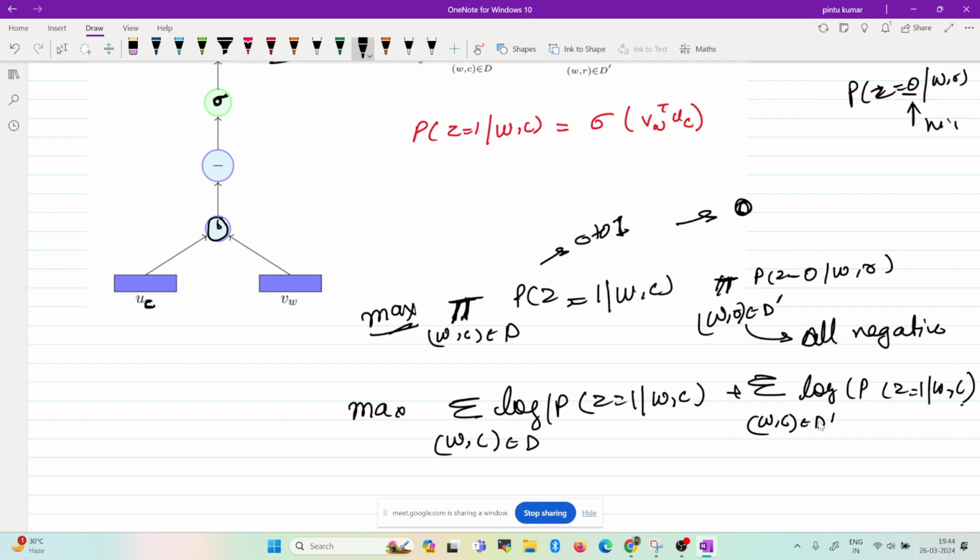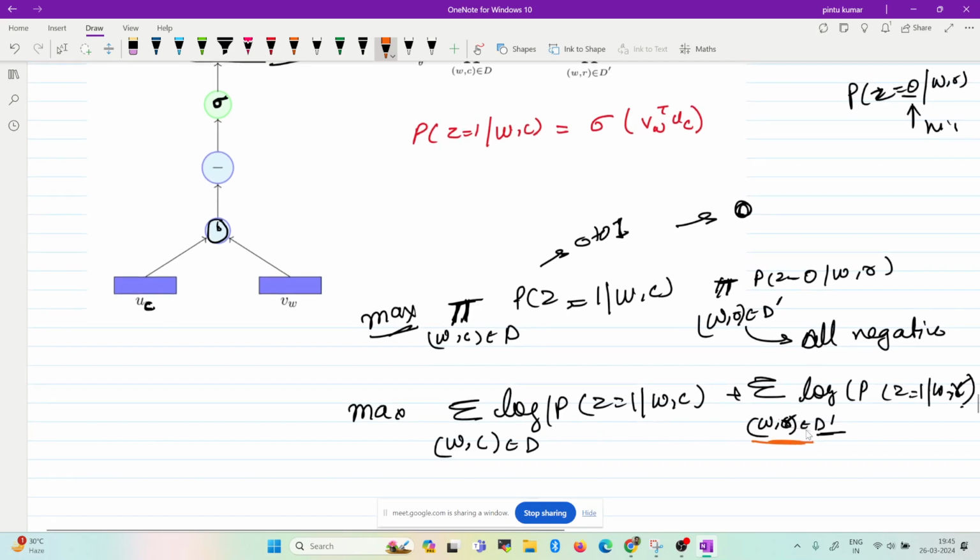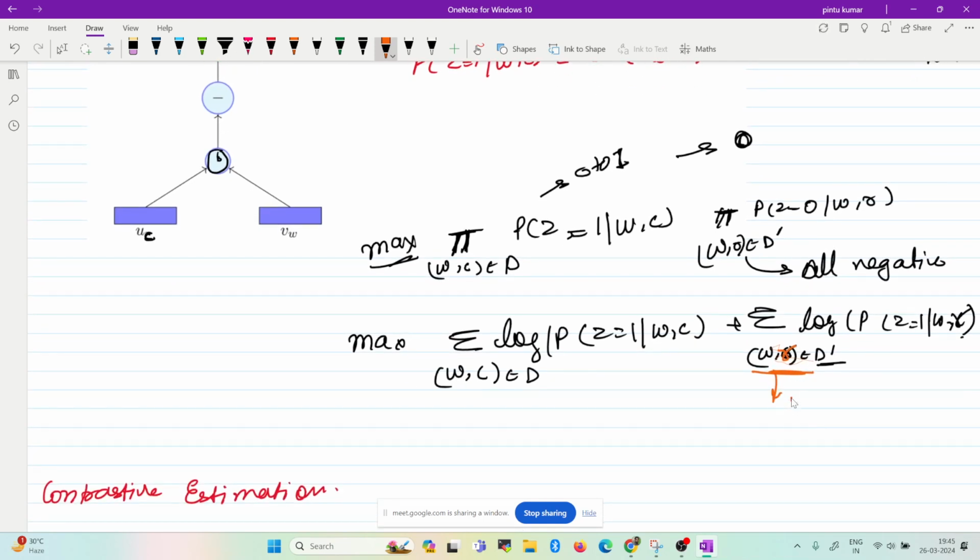Now if you consider all the pairs W comma R belonging to D dash, again this would be computationally very expensive, and you won't get any advantage of switching from skip-gram to negative sampling. So we won't look at all the pairs W comma R of random words, but rather only at, let's say, k times the number of positive samples.